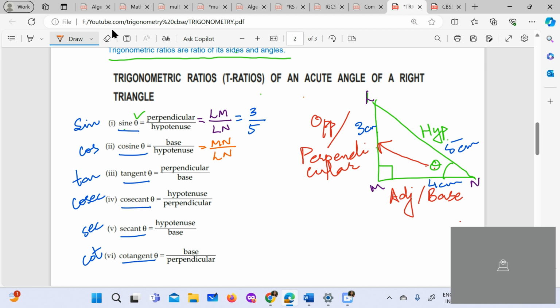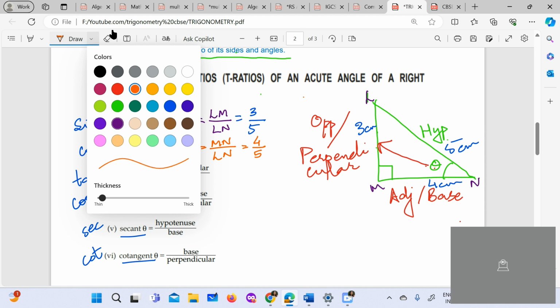This is important: write the formula and the corresponding sides, otherwise you might make mistakes unless you are that good with it. So in the initial stage, please do this. Now, cos theta is base upon hypotenuse. So base is MN and hypotenuse is LN. So we can write the numerical value as 4 over 5. I hope this is clear to everyone.